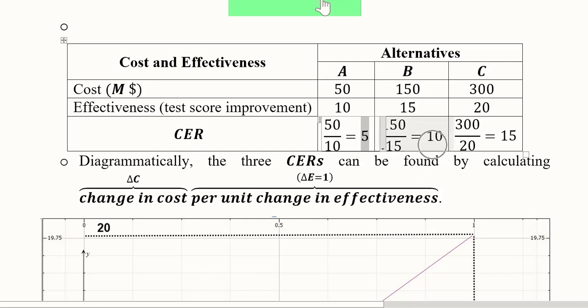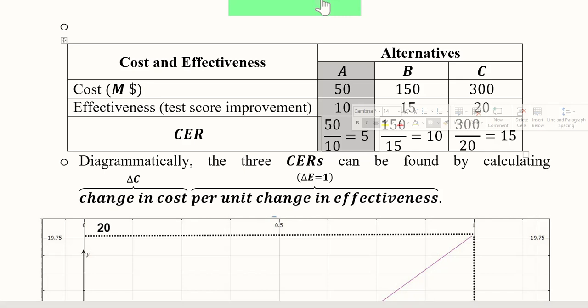Here for 1 unit of effectiveness we will incur $10 million, and here $15 million will be required for 1 unit of effectiveness. So alternative A seems to be the most cost effective because it is the cheapest way of getting 1 unit of effectiveness, and hence for all the required units of effectiveness.